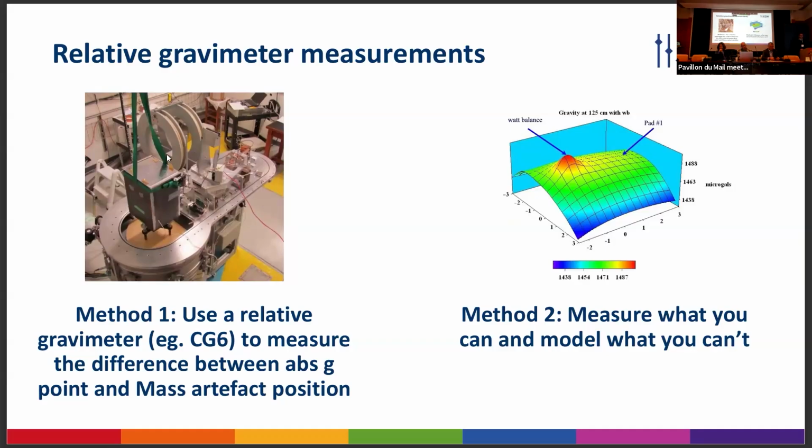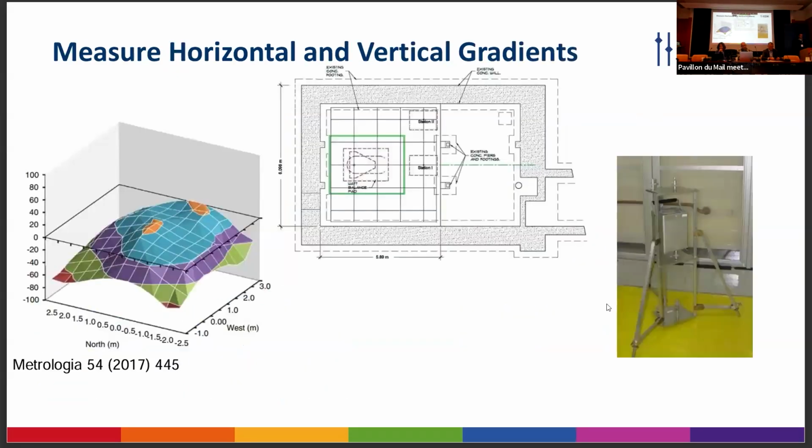But initially what we did is we did a lot of modeling. And so this is what you can do. You can measure your gradients on your pads and you can measure the gradients across your laboratory.